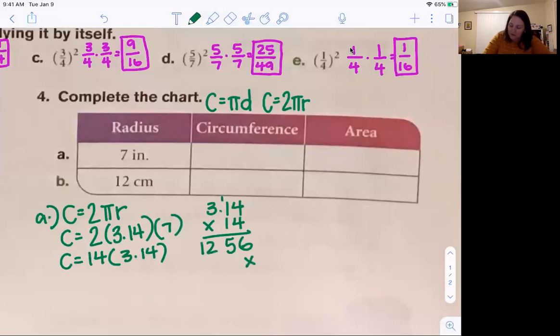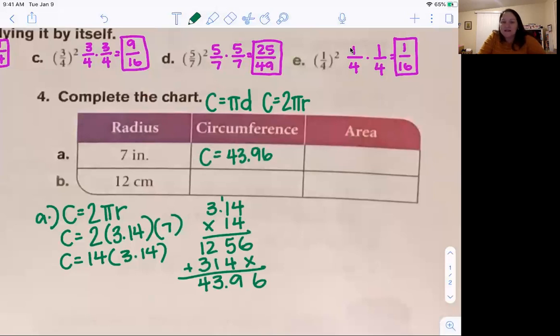Come down here, put my place marker. 1 times 4 is 4, 1 times 1 is 1, and 1 times 3 is 3. Add those up. Sorry, that is not a 10, that is a 9. And we get 43.96.